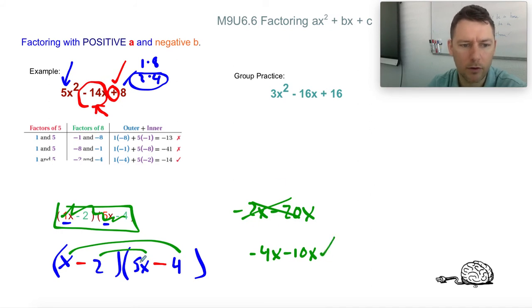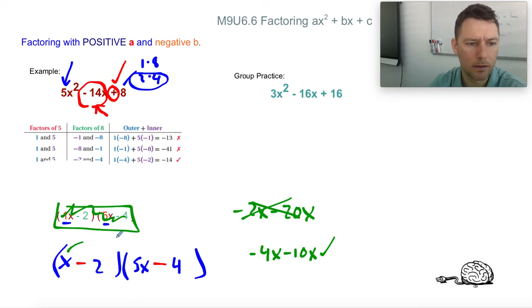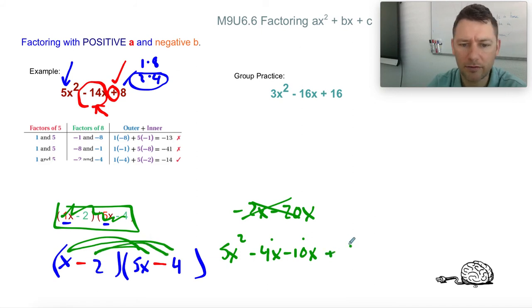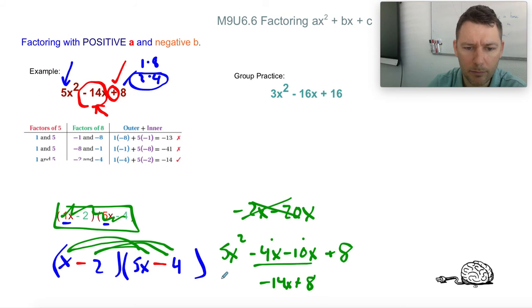So if you were to distribute this completely, you'd get 5x squared, negative 4x, this piece, negative 10x, this piece, and negative 2 times negative 4 gave you the positive 8. And then if you crunch these together, you get negative 14x. And that would be what we're looking for. So this works for us. Equal.